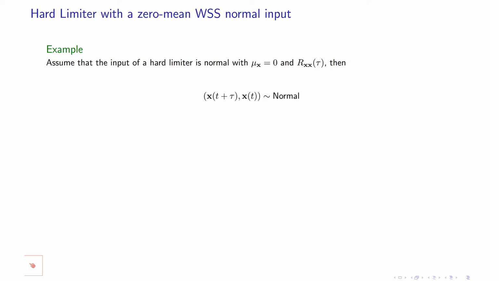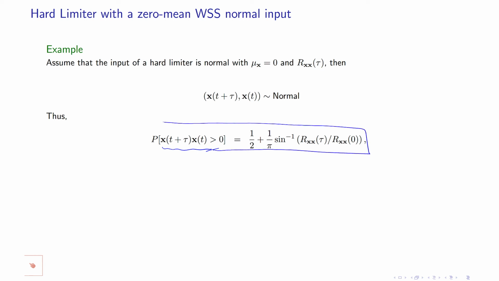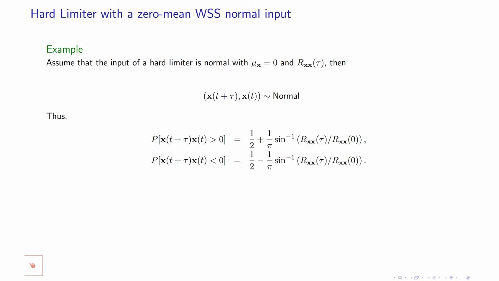In that case, we know that if you take 2 samples of x at time t plus tau and t, these will be normal, with mean 0, and they have a cross correlation between them. The probability that these two are both bigger than 0 can easily be calculated. The probability that they are negative is going to be 1 minus this, so you will get this one.